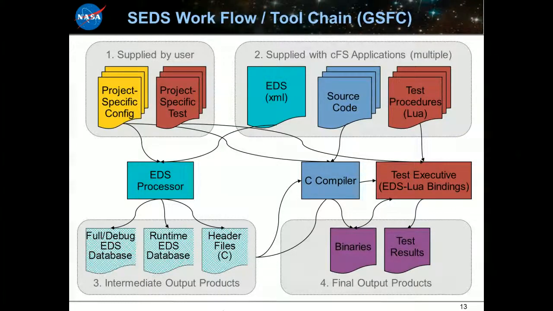You generate or publish out your EDSs with this processor, then you can create the databases, either a full database or a runtime database, and the header files, these products. Then feed into a compiler, and you can generate the source code or the binaries from that.